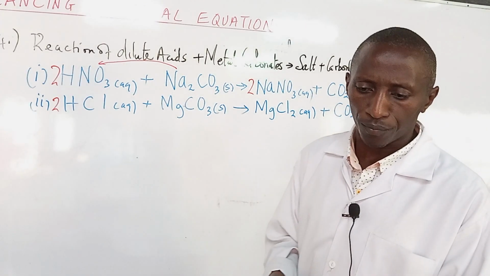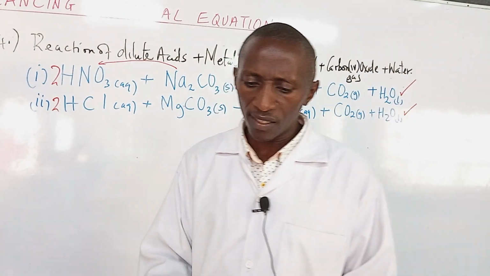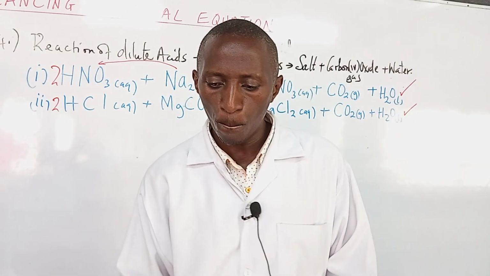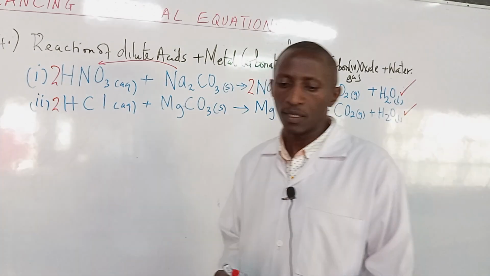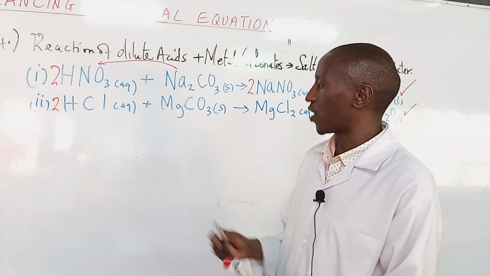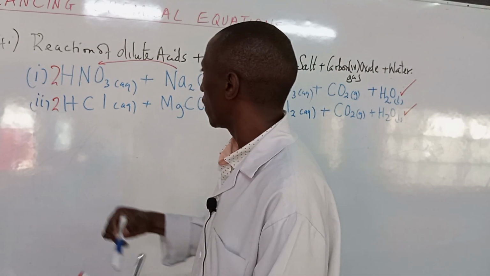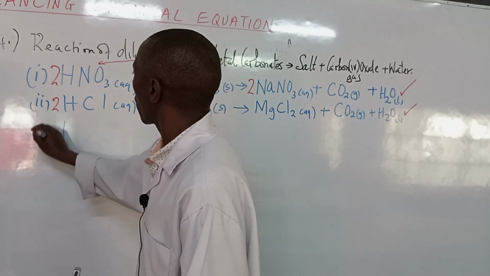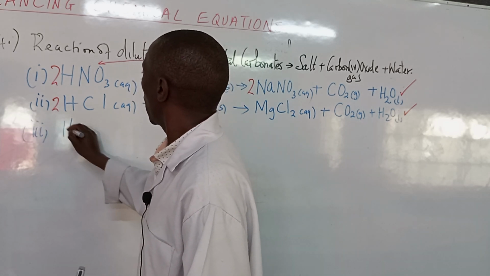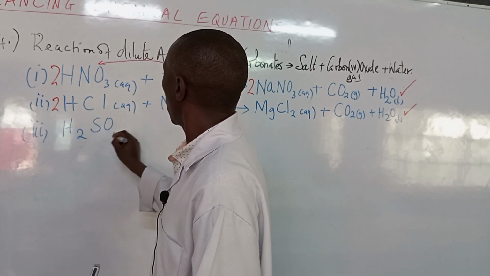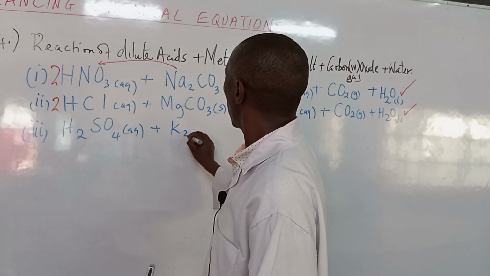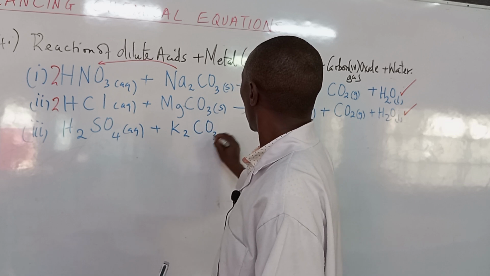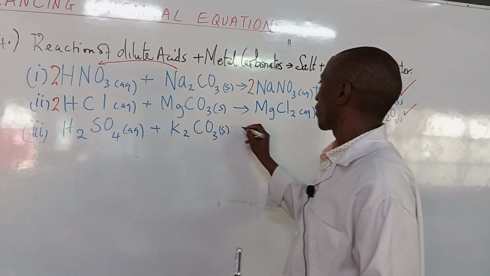Number 3. Let us take, for example, sulfuric acid and potassium carbonate. Sulfuric acid, number 3, and potassium carbonate, which is in solid form.